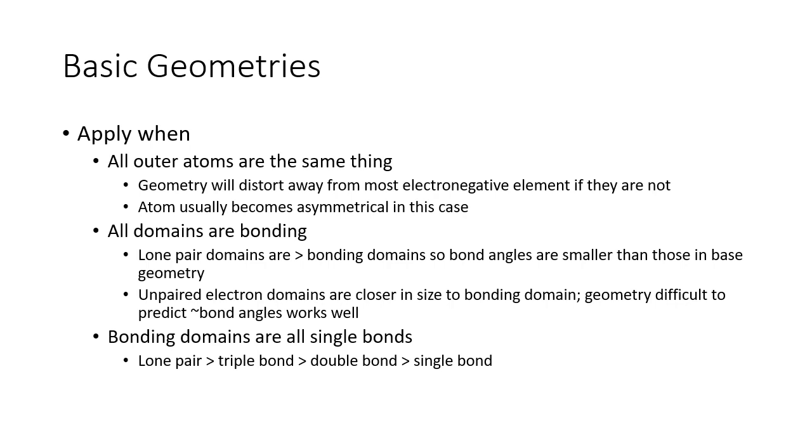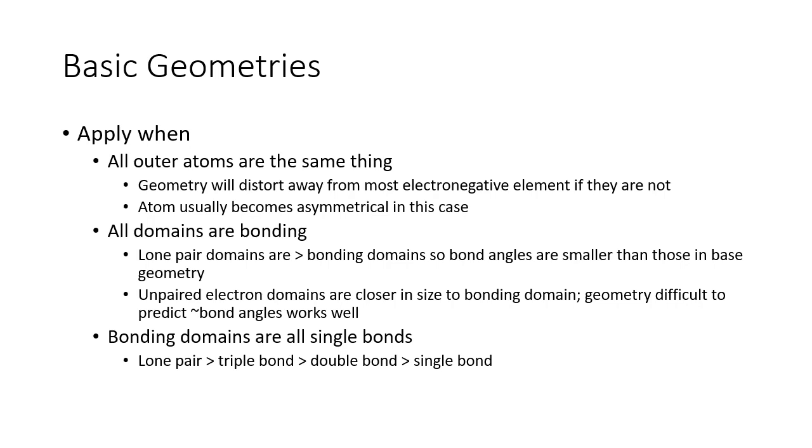So let's say they aren't all the same thing. Then the geometry will distort away from the most electronegative element, and the atom usually becomes asymmetrical. There are some examples where that's not the case, but generally, if you've got one thing that's not like the others, the most electronegative thing will push the other things away because it's more negative.